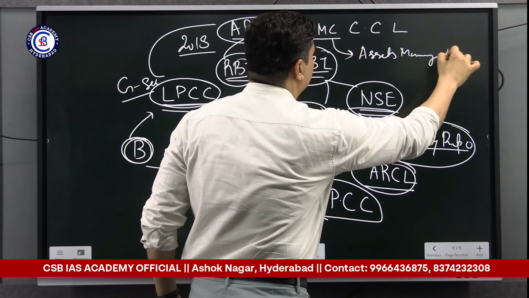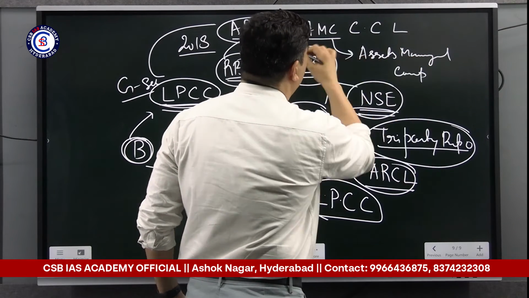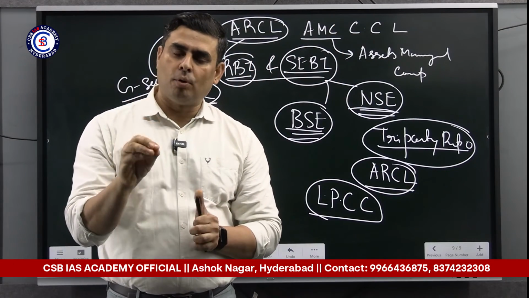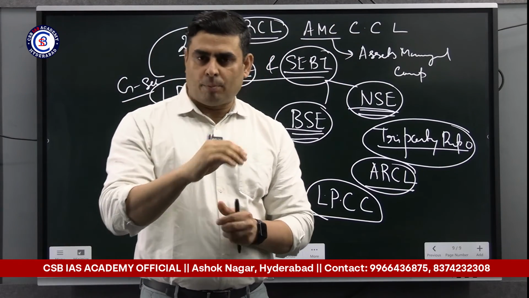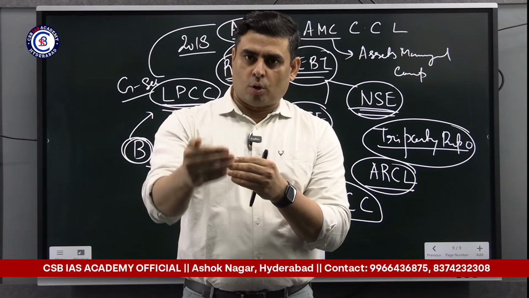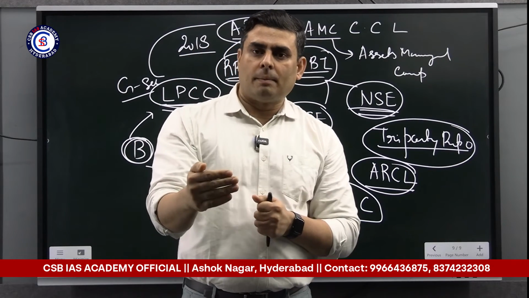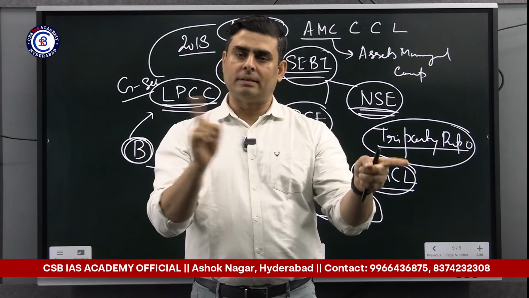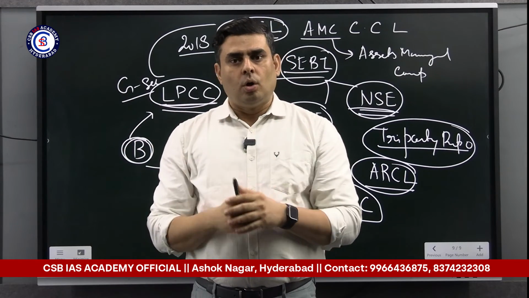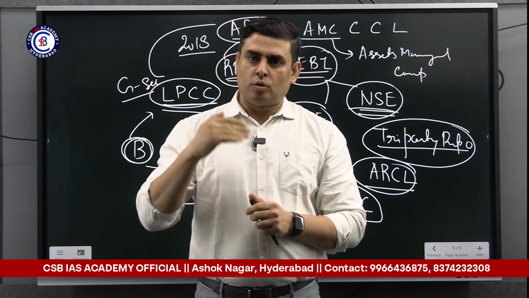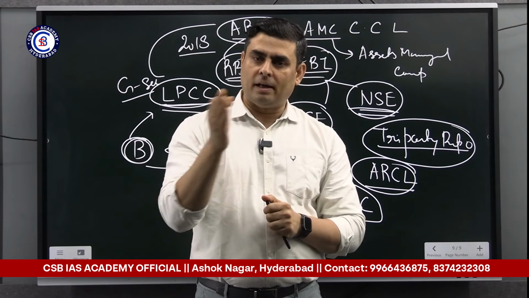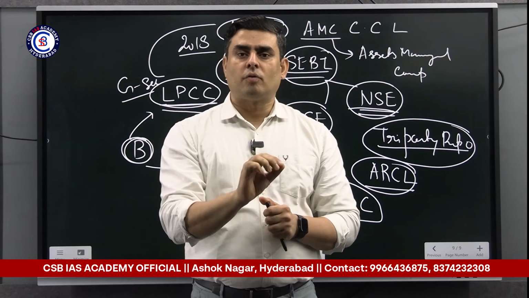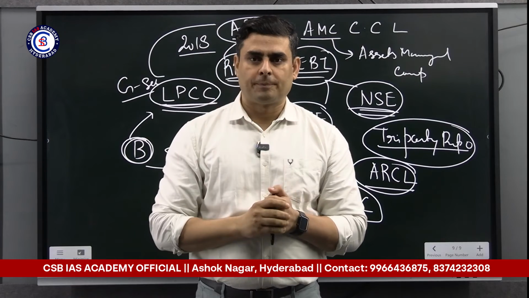Management Company. Fine. So this is how this tri-party repo works. In a normal repo, there is a lender and a borrower, but in the tri-party repo, there is a custodian who is going to direct both parties, lender and borrower, to fulfill the commitment they made before entering the operation of lending and borrowing.